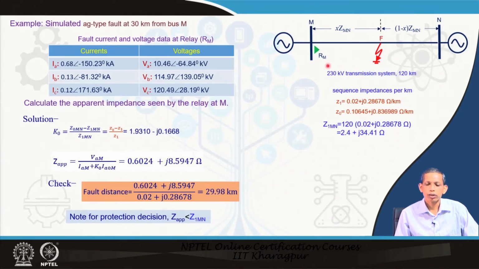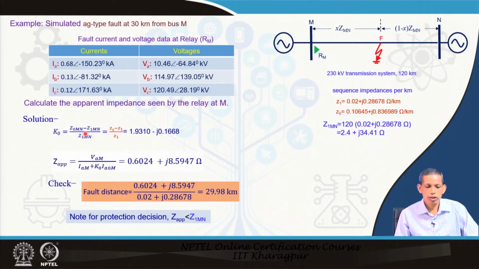So, we know that for phase A to ground fault, we need to consider the zero sequence compensating factor K0 equals Z0mn minus Z1mn divided by Z1mn, which is a complex number. Note that Z0mn is nothing but the length of the line into the per kilometer z0, and Z1mn is the length of the line into the per kilometer z1.